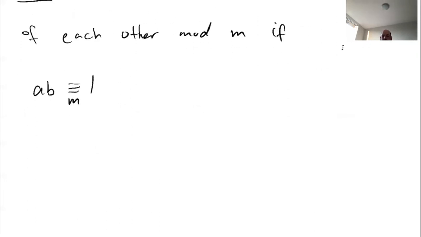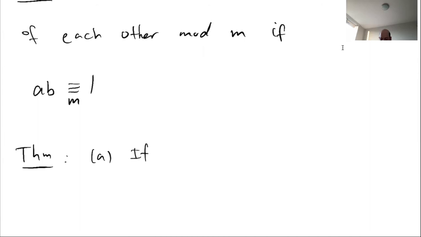Now, let's see which numbers have an inverse mod M. So, theorem. I can divide it into two parts.